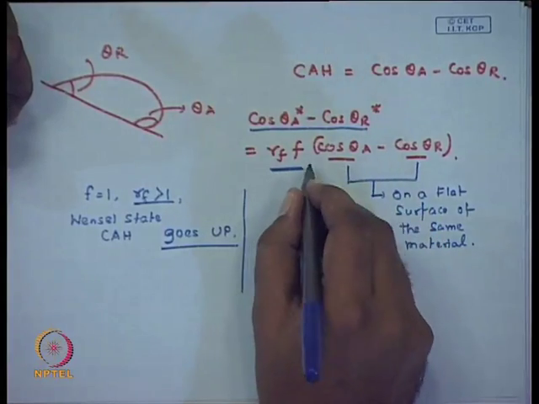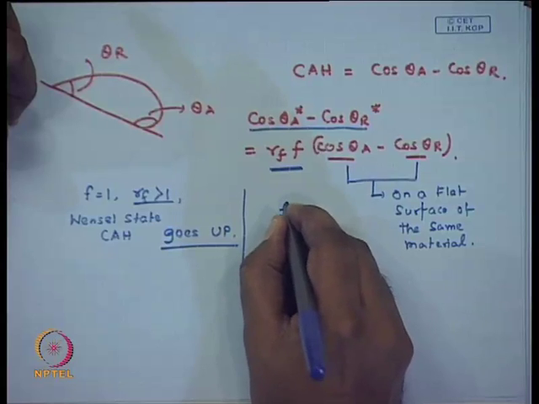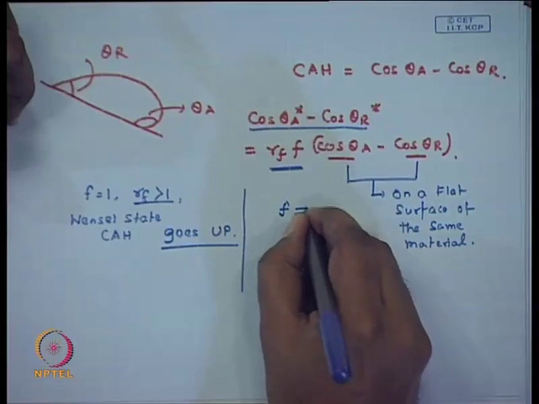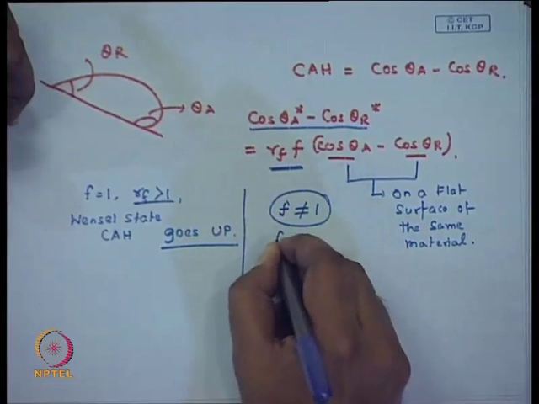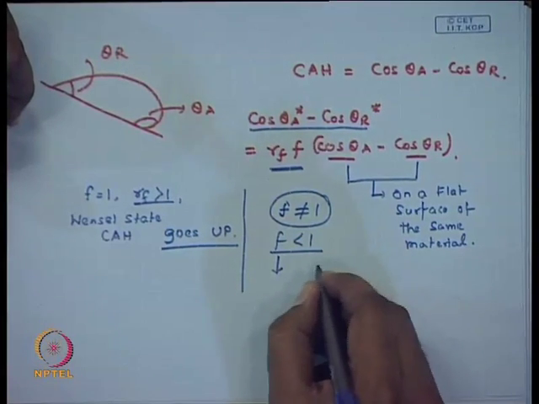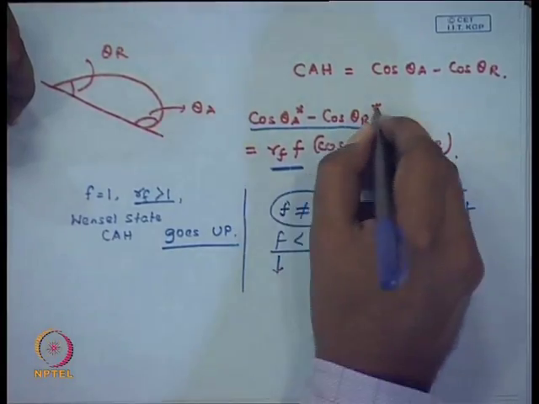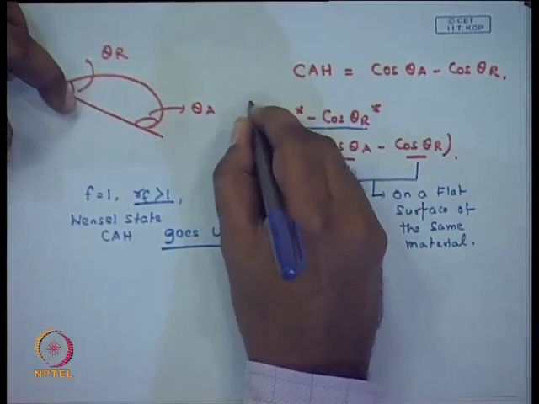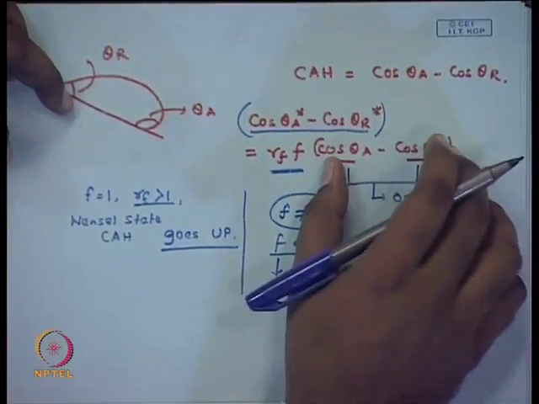Now, you can see from the equation that if f is not equal to 1 and f is less than 1, then it becomes possible to achieve values where the left hand side can be lower than this.